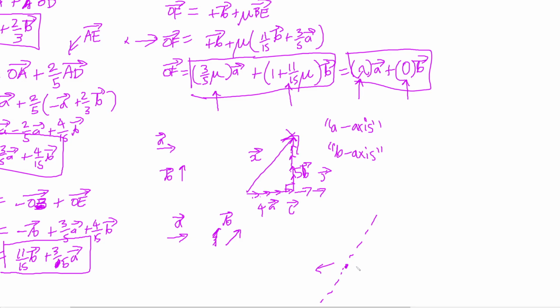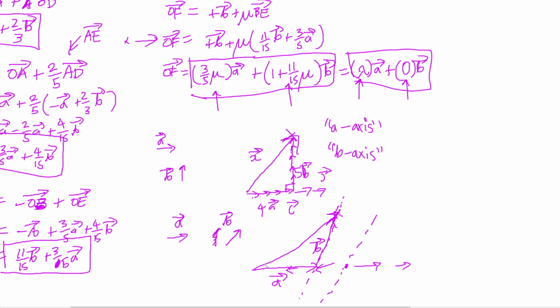This line of B's would shift in the A axis until you finally meet the point you're looking for. So there's a specific number of B's from the A axis, and there's a specific number of A's from the B axis. So suppose the B axis was over here. Sorry, just catching my words.